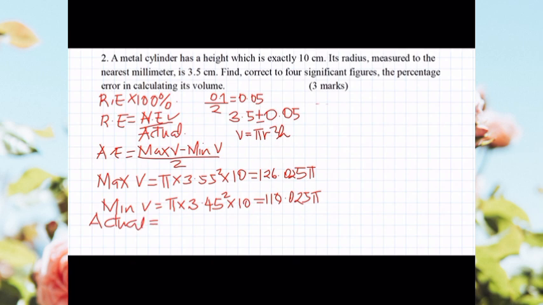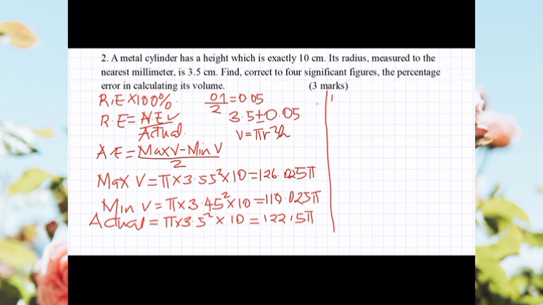So the actual volume is going to be pi, we multiply by 3.5 squared, then we multiply by 10. And our actual volume is equivalent to 122.5 pi. Then now we can proceed and find our relative error.